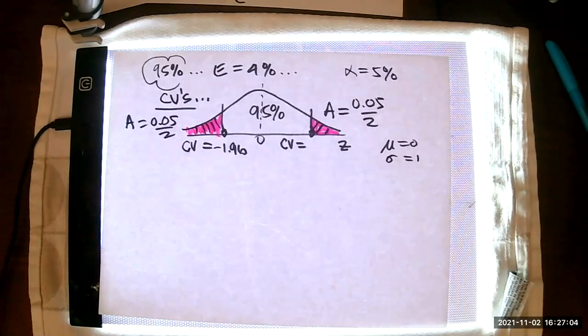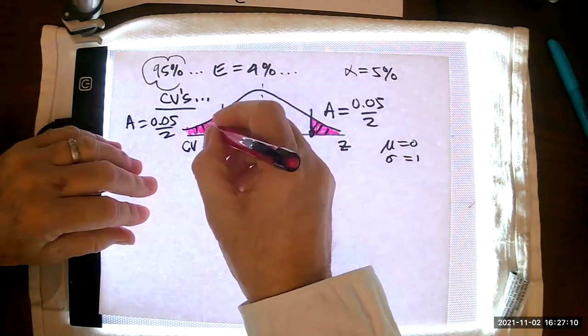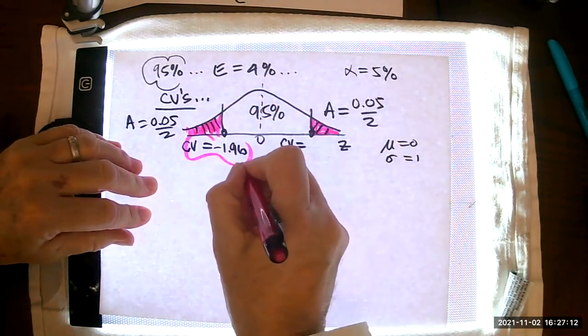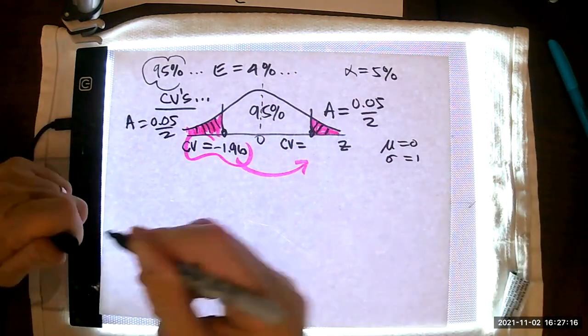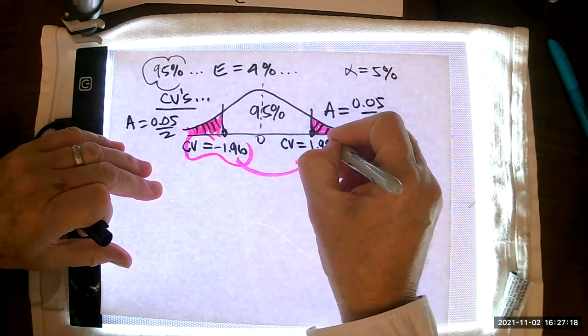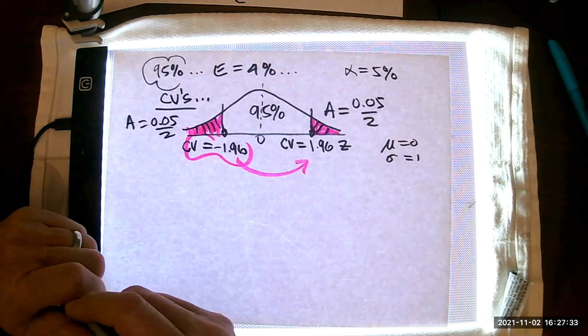And then I use the symmetry of the Z distribution to take this negative 1.96 and realize this value over here is a positive 1.96. So however I get them, I need to make sure I get the correct 2 critical values. Which one I use doesn't matter because that formula has a square in it.